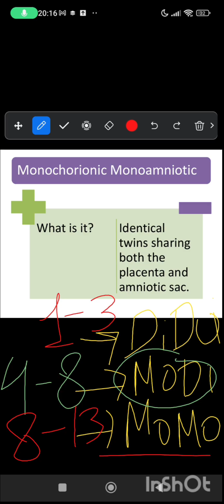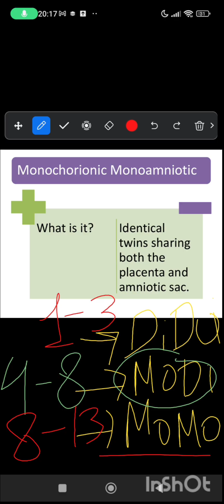One gestational sac, one amniotic sac, monoamniotic. Now one amniotic sac only. One amniotic sac, one placenta. Monochorionic means one placenta. So there is one placenta and there is one gestational sac. There is one amniotic sac.